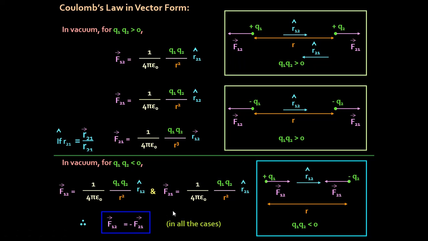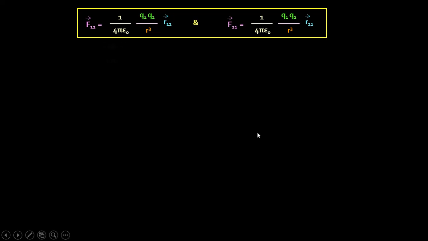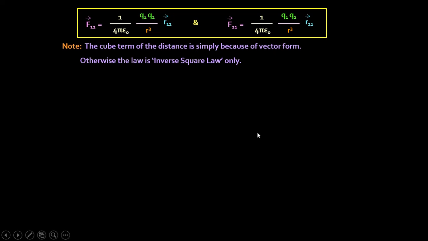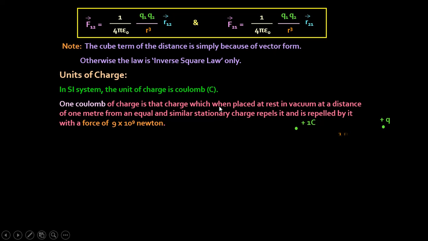So with this small revision, I would like to continue my portion. Here I am also showing some important points which were already discussed in the last class, as this Coulomb's law follows the inverse square law, and the unit of charge.